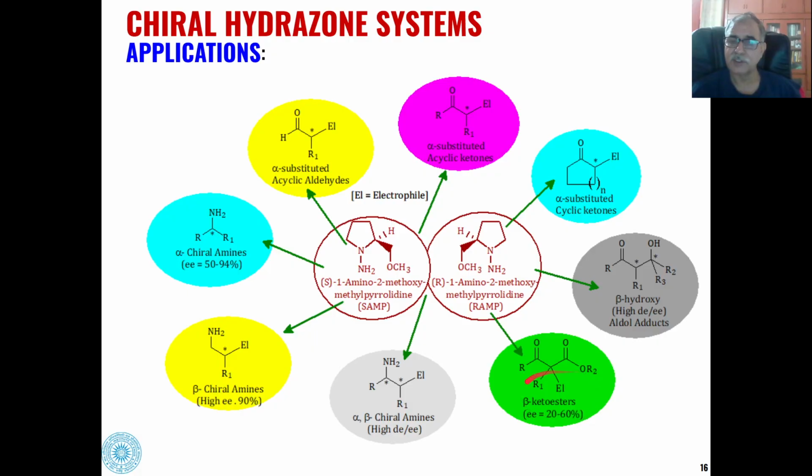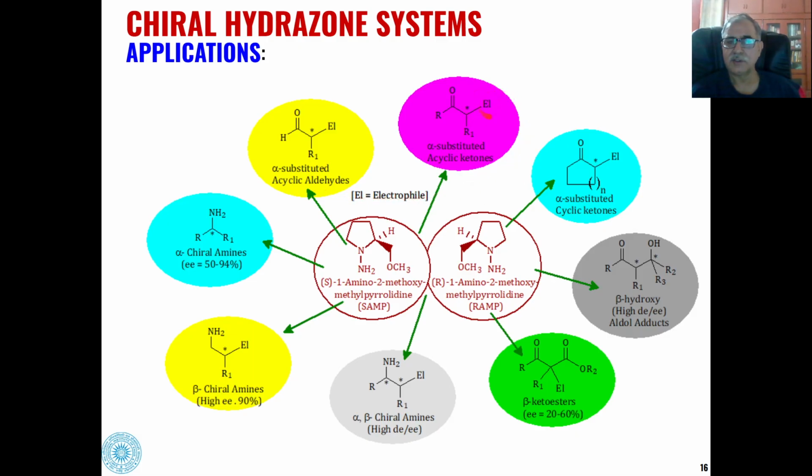Then we can synthesize beta ketoesters again through condensation reactions. Then alpha beta chiral amines can be synthesized. Then beta chiral amines can be synthesized. Then alpha chiral amines can be synthesized. Then alpha substituted acyclic aldehydes can be synthesized.